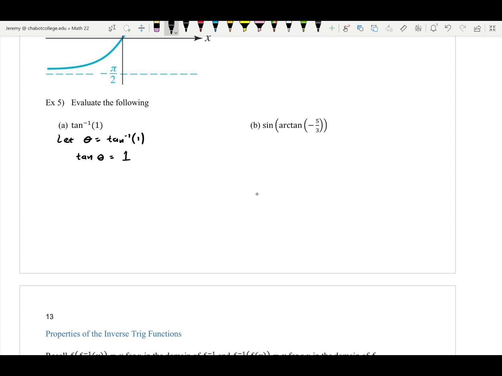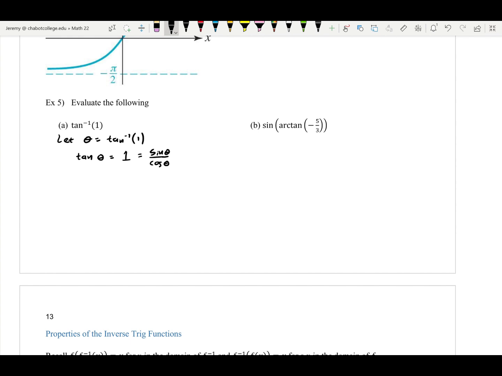Now, what this means is, if we wanted, we could break up tangent as sine of theta over cosine of theta. Okay, and if sine of theta over cosine theta equals 1, this means that sine of theta is equal to cosine of theta. So where do we have, in the right half of the unit circle, the x and y coordinate of the terminal points equal to each other?